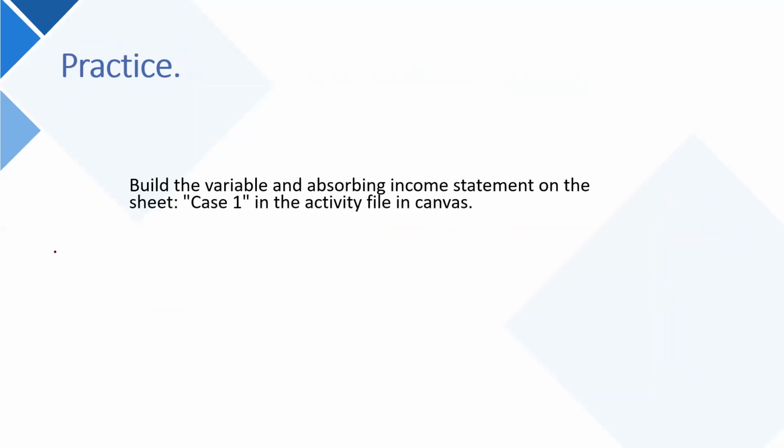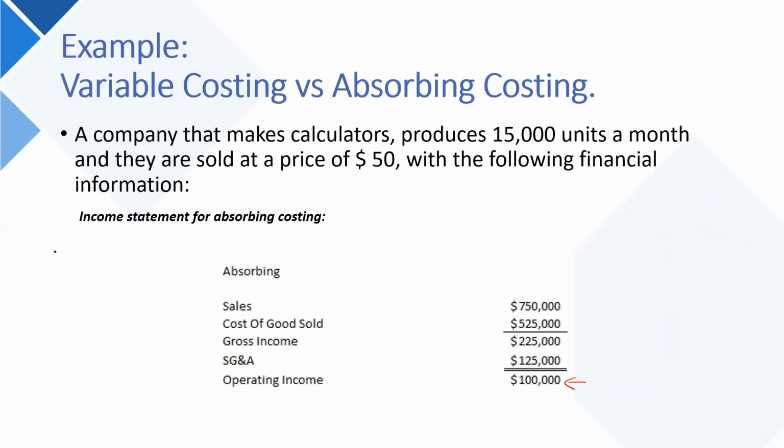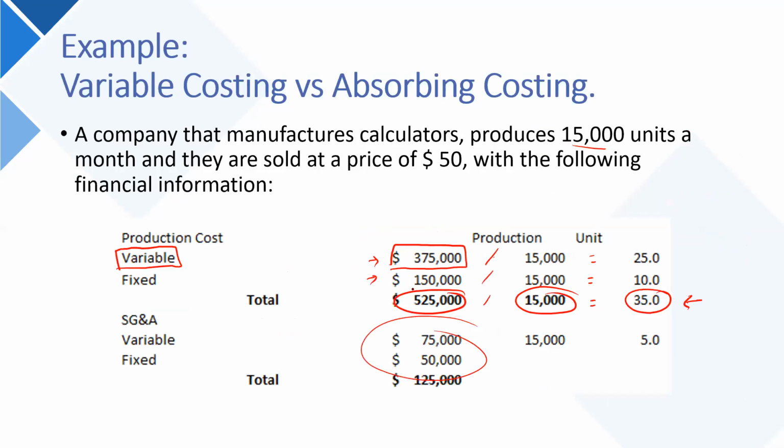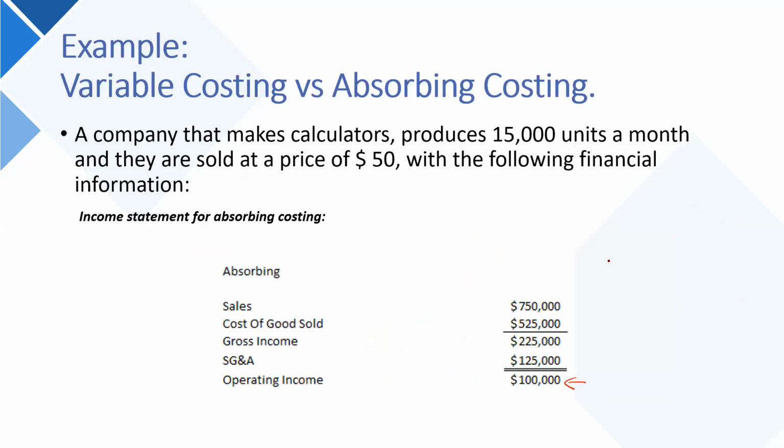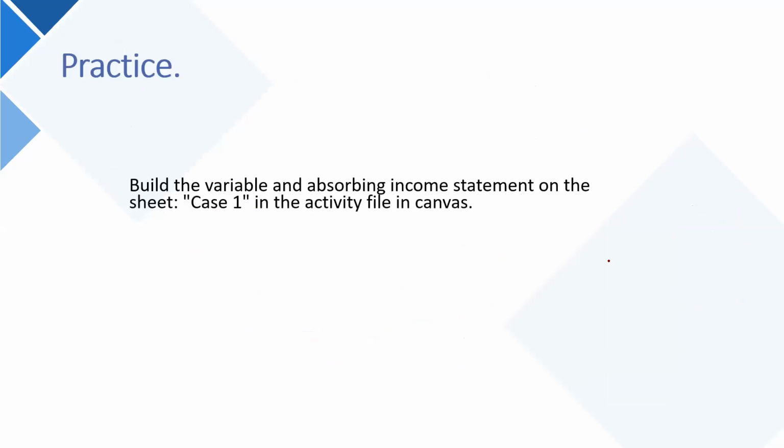Right now, we only want the variable cost to get our unit cost, and you can see here that the variable unit cost is only 25 pesos. You see it? Yes, teacher. This one is the absorbing unit cost. So in this case now, instead of 35, we are going to use 25.